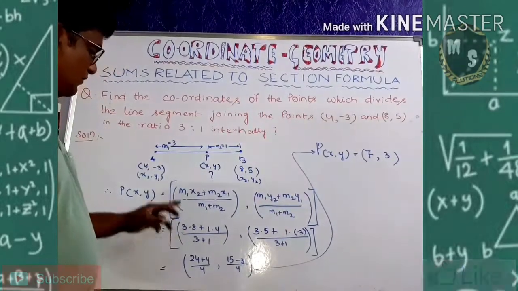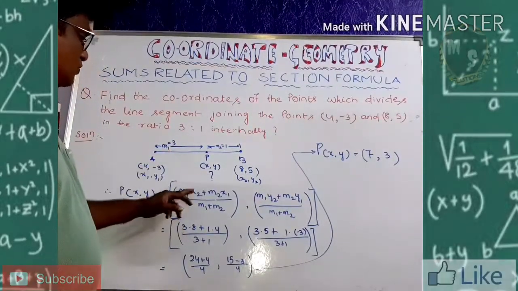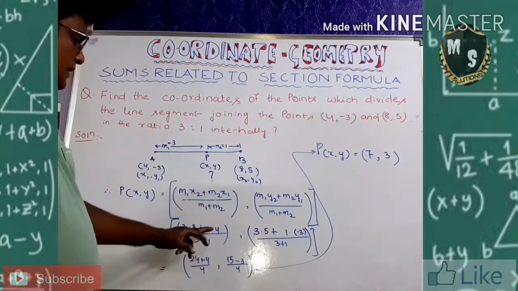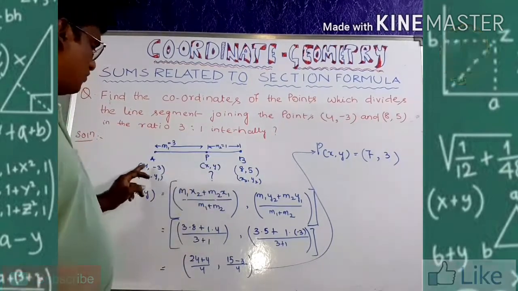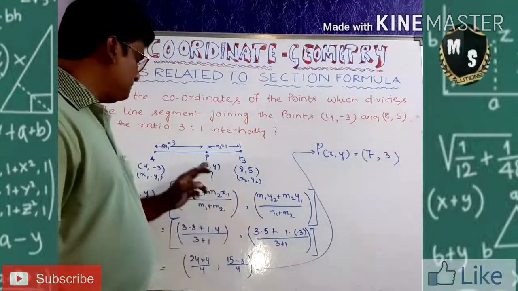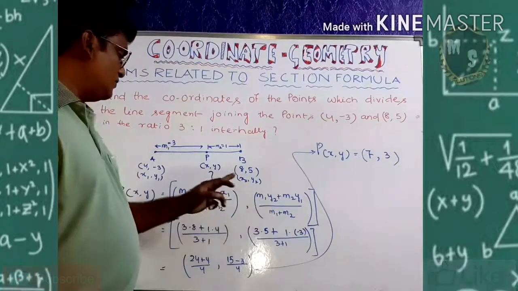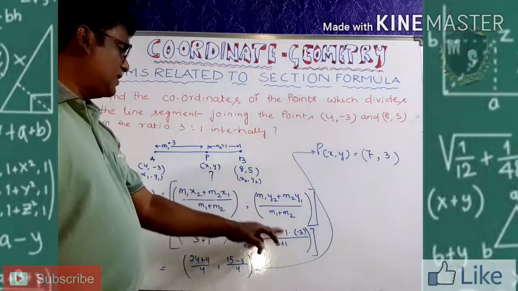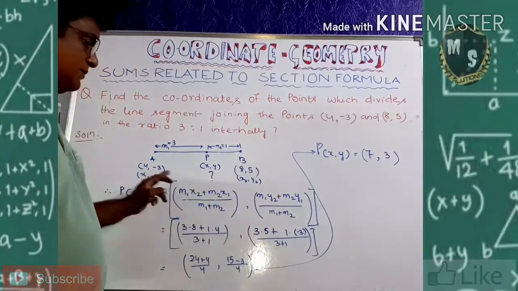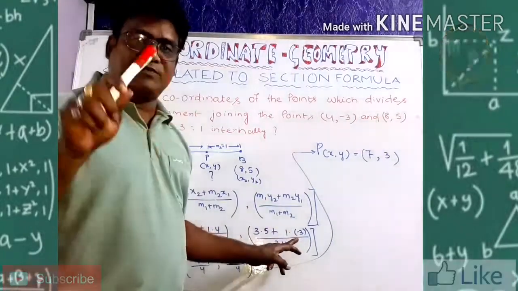Now put your values: m1 is 3, x2 is 8, then m2 is 1 into x1, it is 4, by m1 plus m2, 3 plus 1. Similarly m1 3, y2 5, plus m2 is 1 into y1. y1 is negative, so put it in bracket. Negatives always put in bracket.